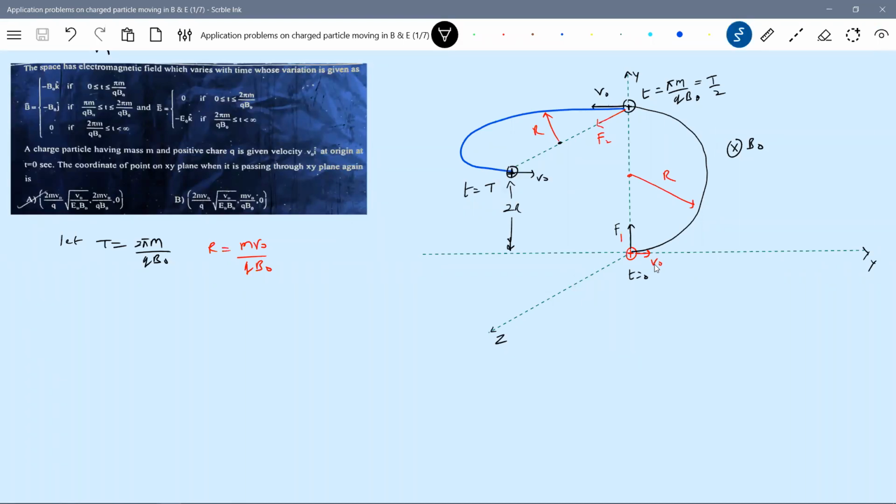Let me write this as P1, P2. The coordinates of point P1 will be 0, 2r, 0. What about the coordinates of point P2? The x coordinate will be 0, y coordinate 2r, z coordinate 2r. Hope everyone is able to understand.